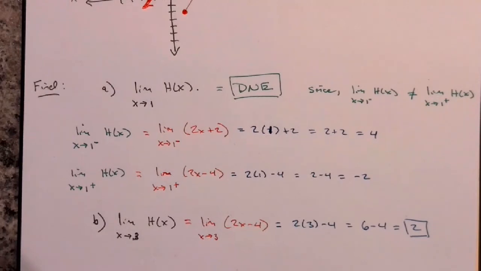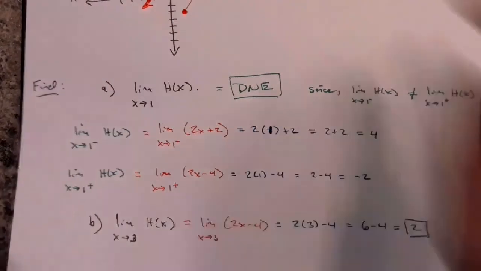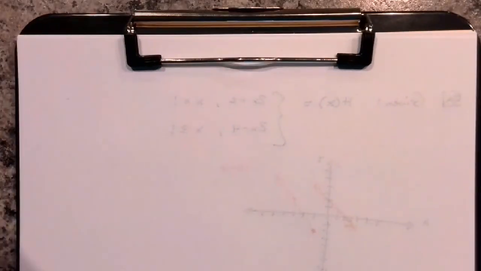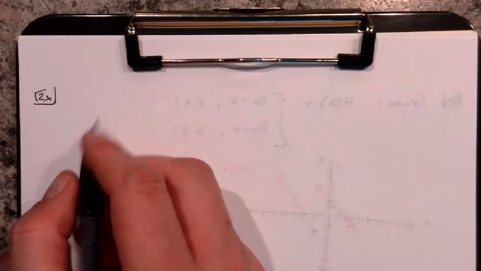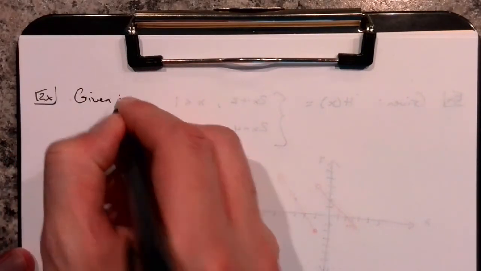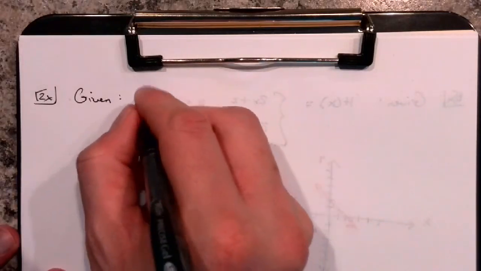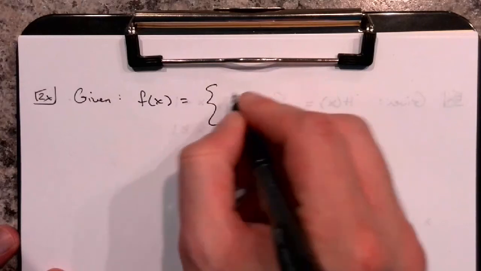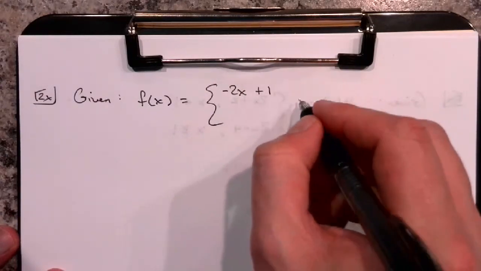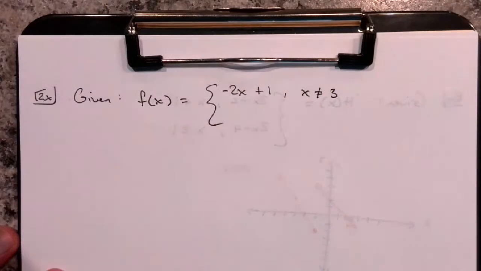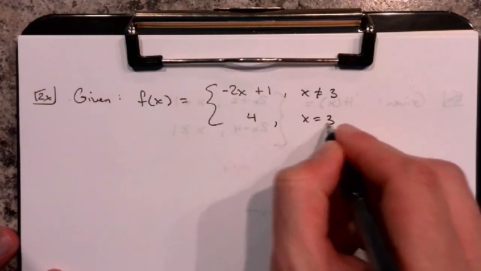What if we were to look at another one here? So if I said, for example, given f of x equals this piecewise function: negative 2x plus 1 for x not equal to 3, and it'll equal 4 for x equals 3.